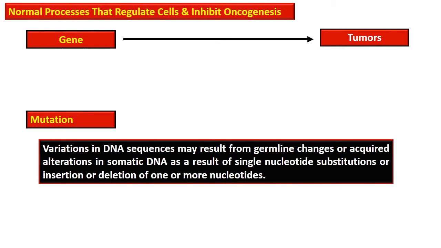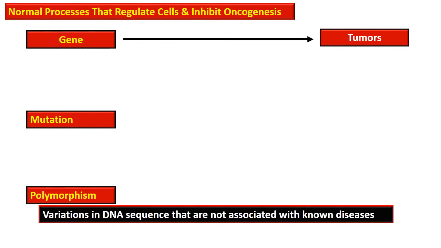The variation in DNA sequence may result from germline changes or acquired alteration in somatic DNA as a result of single nucleotide substitution or insertion or deletion of one or more nucleotides, and is termed a mutation, while polymorphism is variation in DNA sequence that is not associated with a known disease.